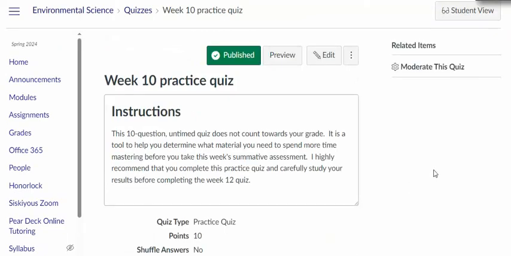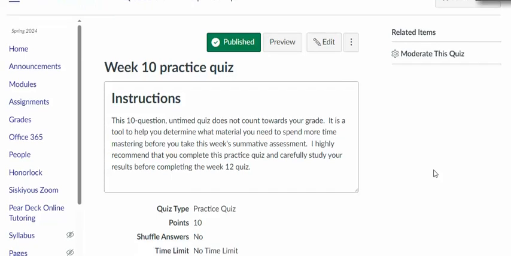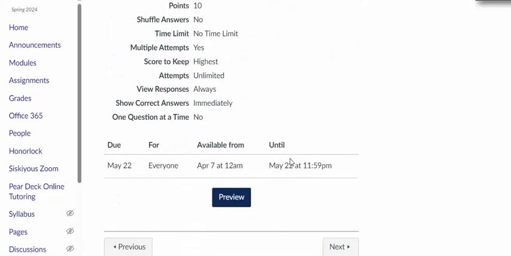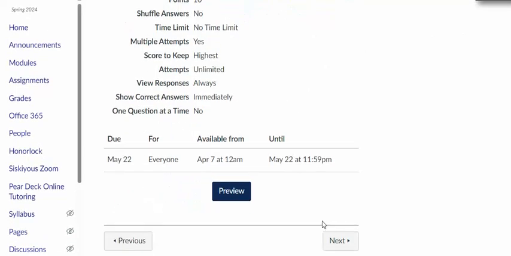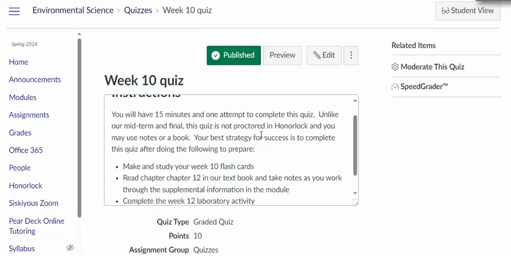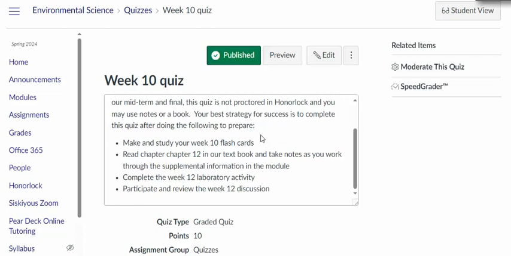Finally, like most weeks, there is a practice quiz to help you gauge your understanding of the material in chapter 10, or I'm sorry, in chapter 12, and then there's a graded quiz. So this is for 10 points, and I recommend that you make and study your flashcards, read the textbook and take notes as you work through the material in the module.